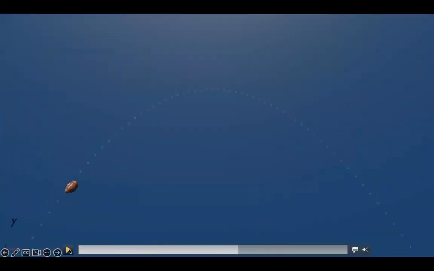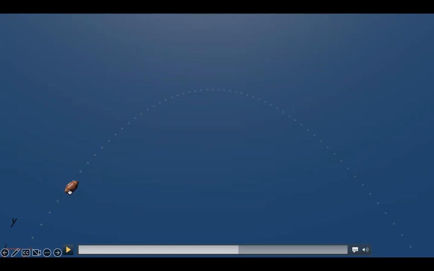Now, we need to still be careful. It has an x component of velocity and a y component of velocity at each point of this motion. The object is going up, up, up until it reaches the maximum height, then starts descending downward. The x velocity component is always along the x direction, no matter if going up or going down. But keep watching this simulation.